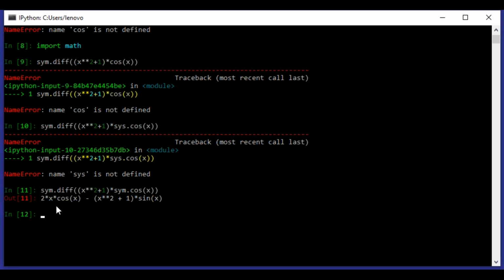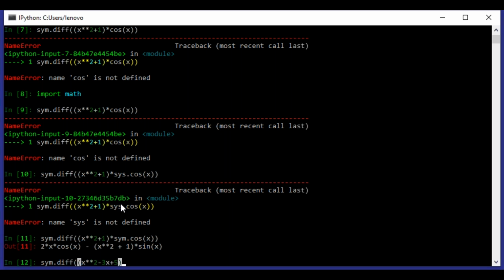Then we can find the derivative here, sym.diff, then in bracket x square minus 3x plus 5 raised to 3. That is the function.